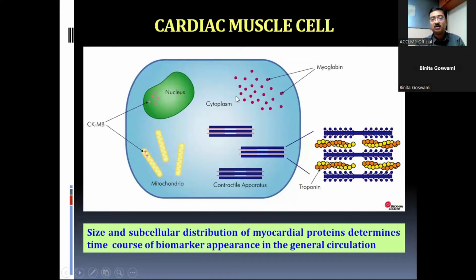But mostly myoglobin is present in the cytoplasm, and troponins are in the contractile apparatus. Immediately after injury, it is the cytoplasmic markers which come out first, and then the mitochondria and other cell organelles are destroyed and gradually get released into the blood. That is why myoglobin is the first to appear in blood.